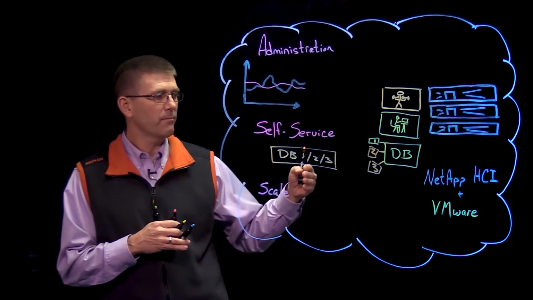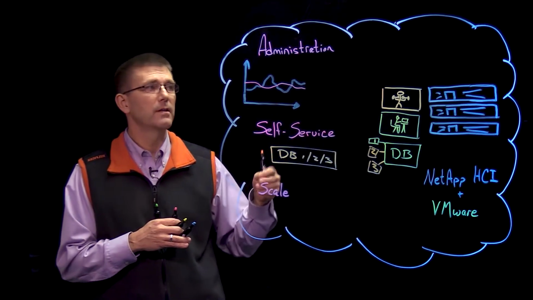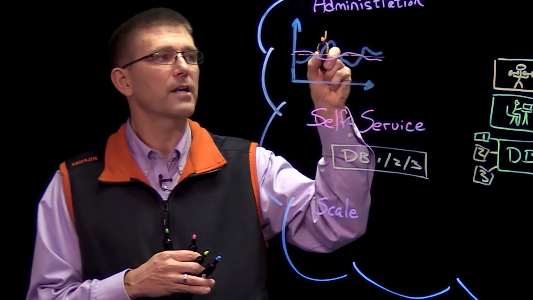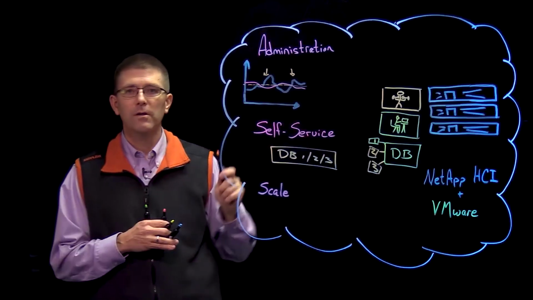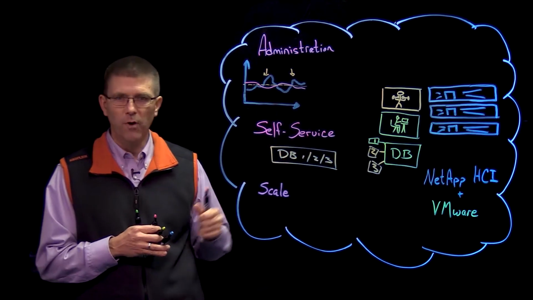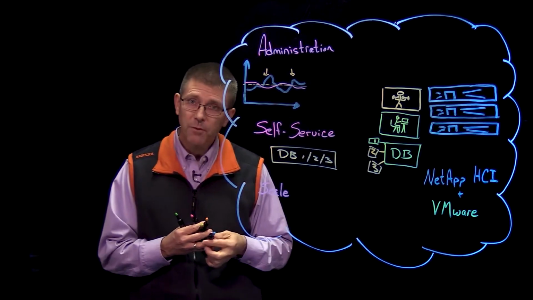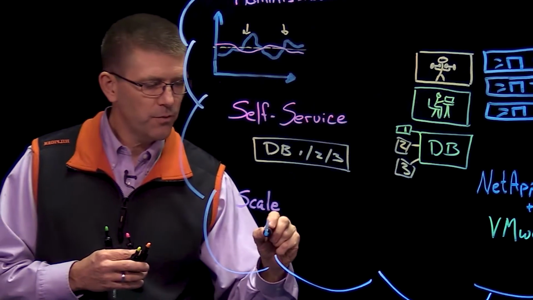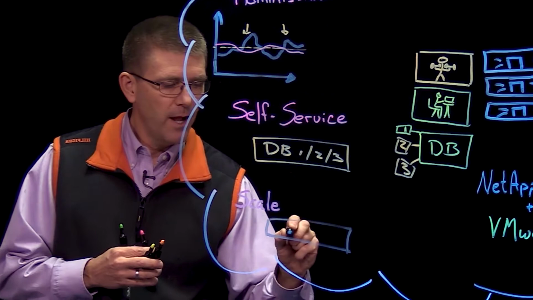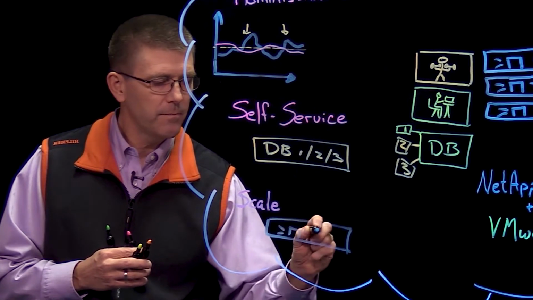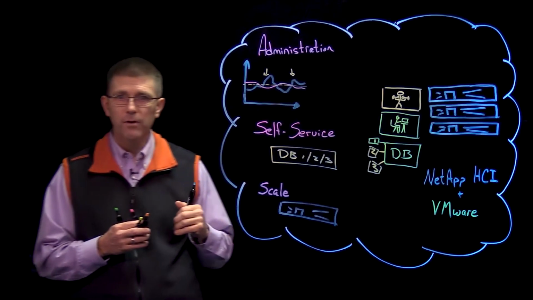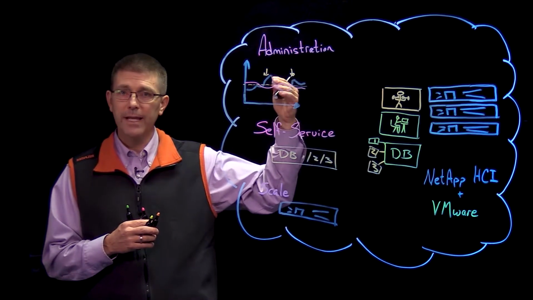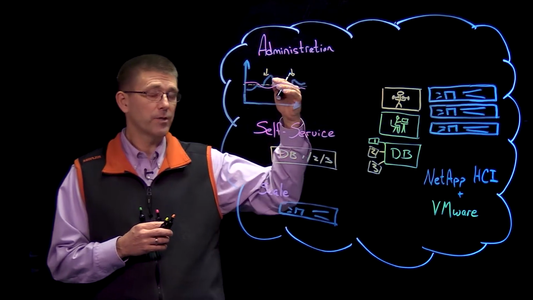But now as I've done this, I see that my system all of a sudden is getting a little bit more taxed, and I've got some cases here where I'm a little bit concerned about the performance. What's nice in the system is I can scale my environment. So let's go ahead and talk about the scaling for a minute here. I can scale my environment with either compute or storage, depending on what I'm getting out of my management and monitoring tools.